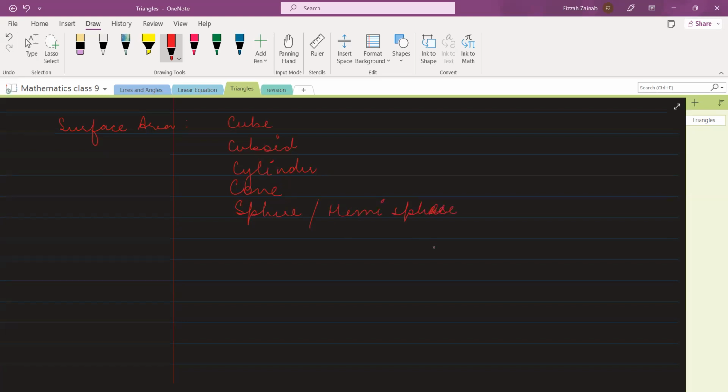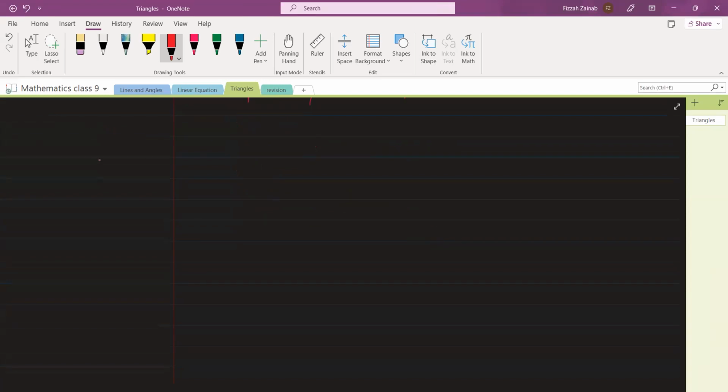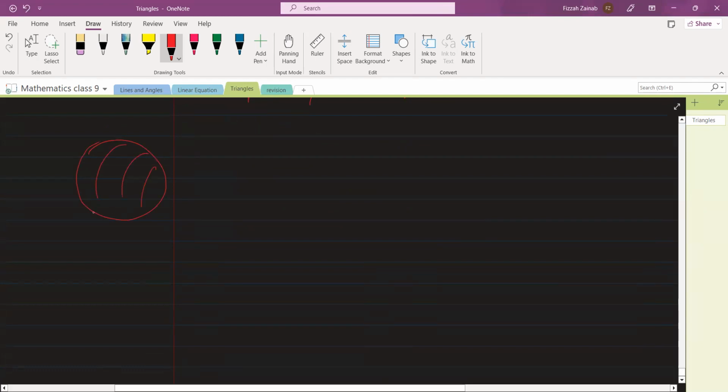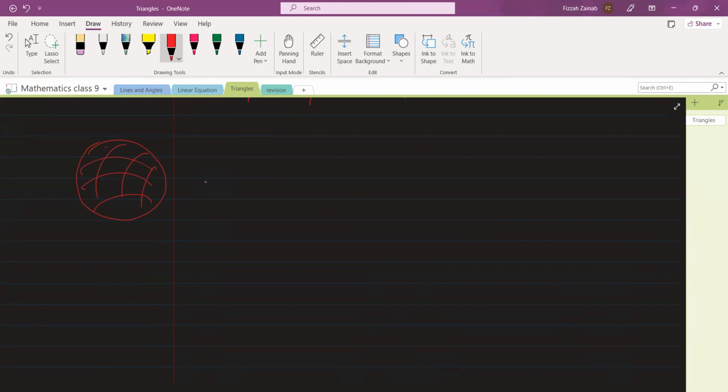Understand? All right. So sphere, you know, it's like a ball. It's three-dimensional, right? Ball, that is a sphere. So it's totally curved. So there is only one area, that is called the curved surface area or the total surface area. It's the same thing for the sphere. Understand?